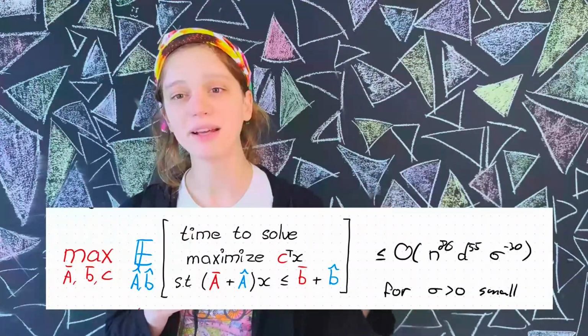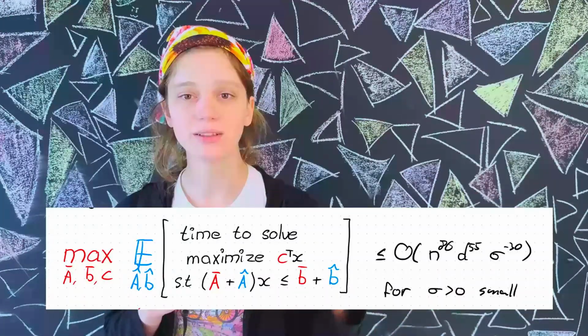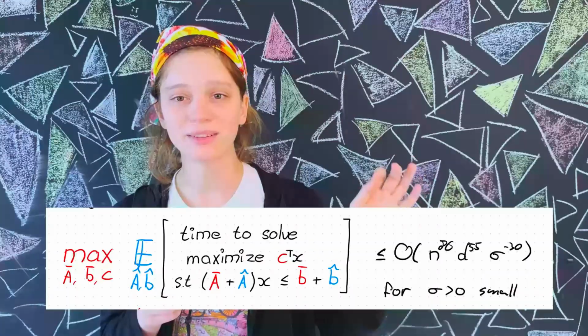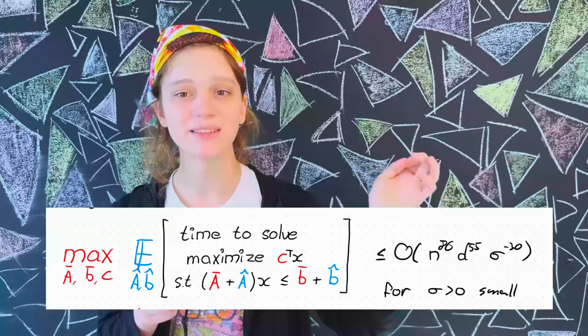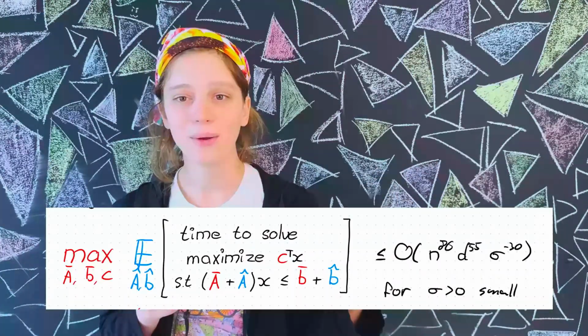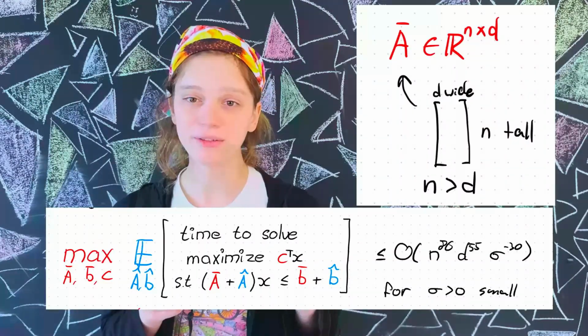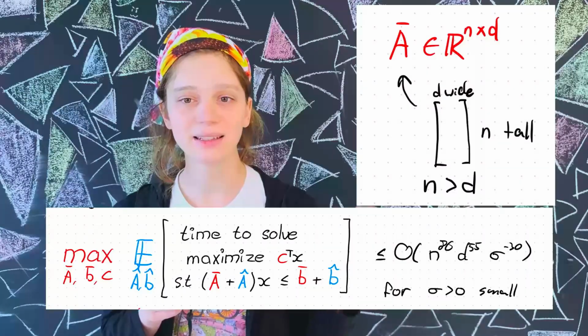Specifically, they managed to prove that the smooth complexity of their simplex method was at most order n to the 86 times d to the 55 times sigma to the minus 30, where n is the number of inequalities, d is the number of variables, and sigma is the standard deviation of the noise, assuming sigma is small enough. And this type of polynomial dependence on n, d, and sigma was what they were hoping for.